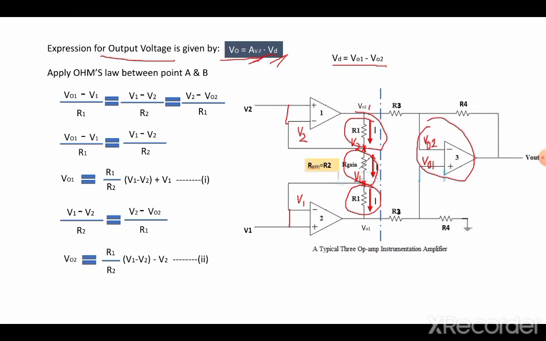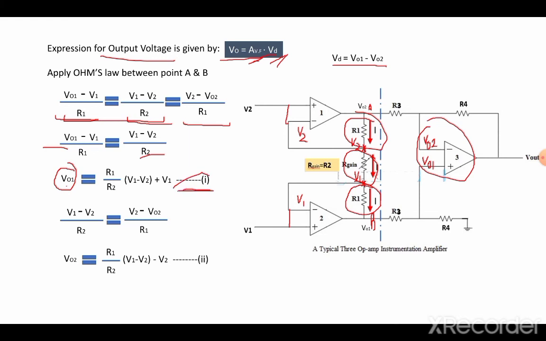So apply Ohm's law between point A and point B. So (V01 minus V1) over R1 is equal to (V1 minus V2) over R2 is equal to (V2 minus V02) over R1. Now first we will compare the first two equations, that is (V01 minus V1) over R1 is equal to (V1 minus V2) over R2.